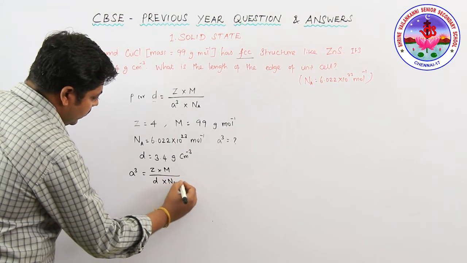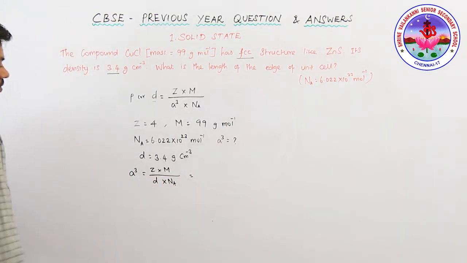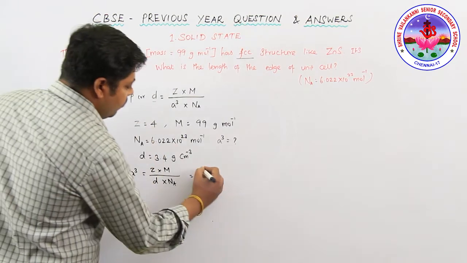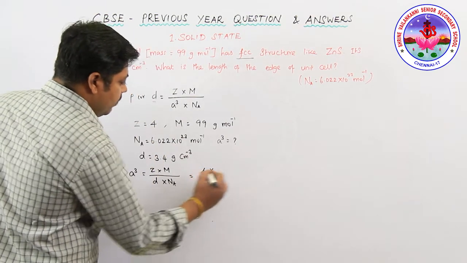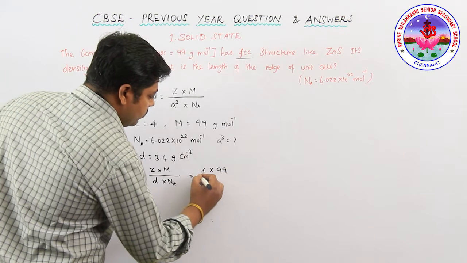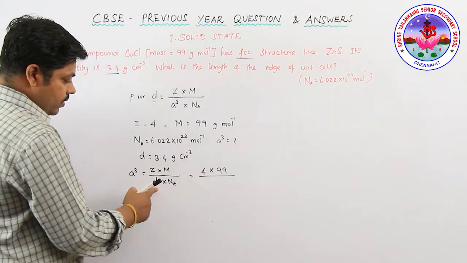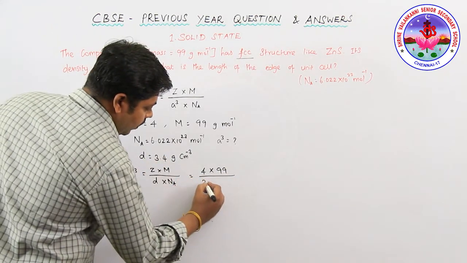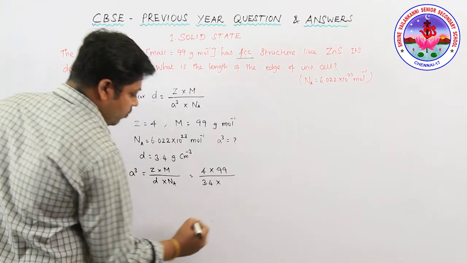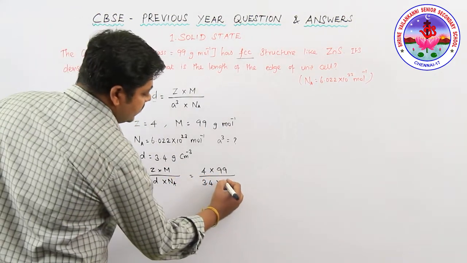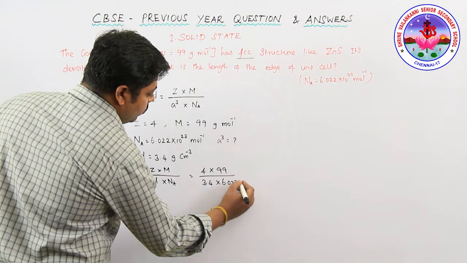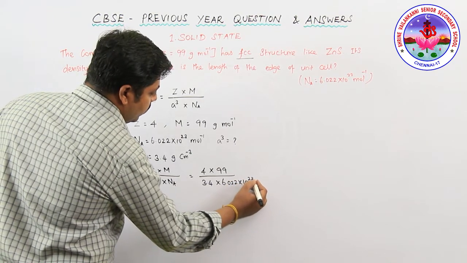Now apply these values in this formula. Z is 4 and M is 99. Then D, density, is 3.4 into Na, 6.022 into 10 power 23.